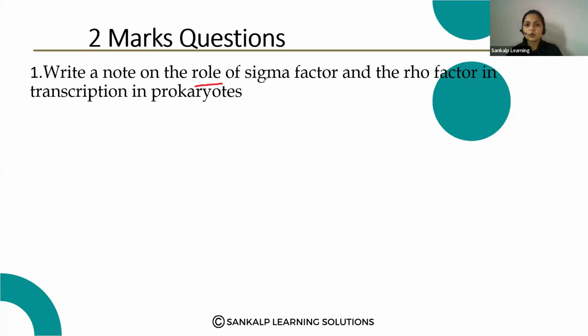Here the first question: Write a note on the role of sigma and rho factor in transcription in the prokaryotes. What is the function of the rho and sigma factors?